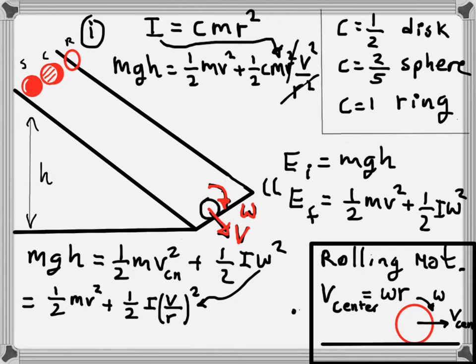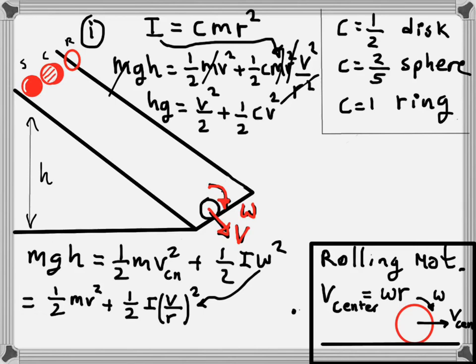Notice that the radius of the objects cancels out. So surprisingly, the speed at the bottom is not going to depend on what the radius of the object is. And the masses cancel, so it doesn't matter what the mass of the objects is. The velocity is not related to that. So that's also a surprising result for this problem.